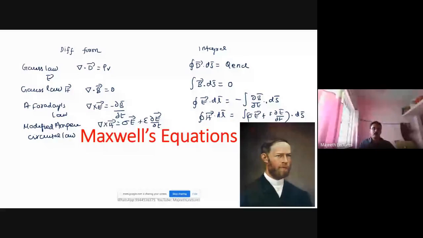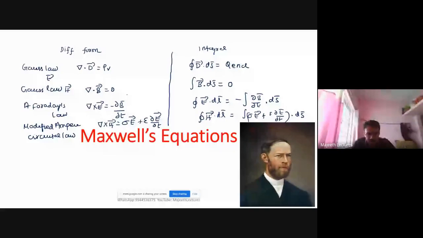These 8 equations are called Maxwell's equations. See, both forms are telling the same meaning, I told already. This is Gauss law for electric field, Gauss law for magnetic field, Faraday's law, and Ampere's circuital law modified. So I will explain everything now.